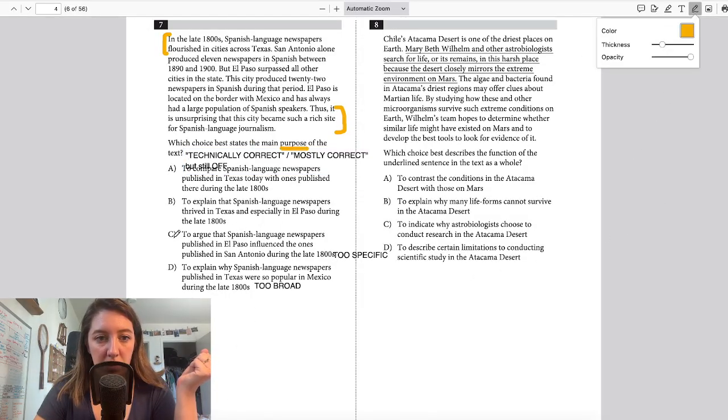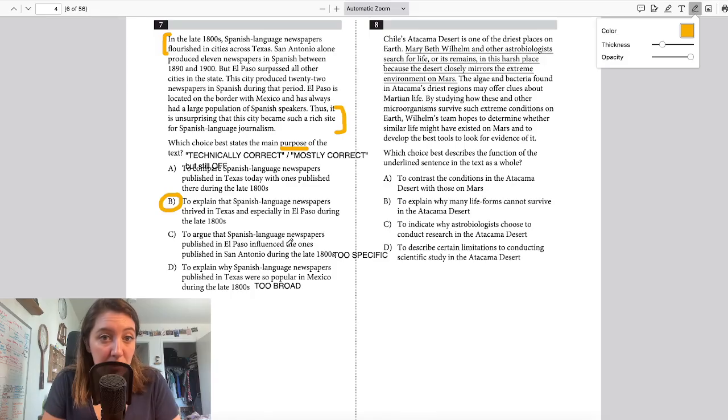So let me get my pencil back. So this one would be the correct answer, I'm pretty sure. But I am going to just read the paragraph for you guys so that you can see alongside me if that's true. Okay, so it says, in the late 1800s, Spanish language newspapers flourished in cities across Texas. San Antonio alone produced 11 newspapers in Spanish between 1890 and 1900.